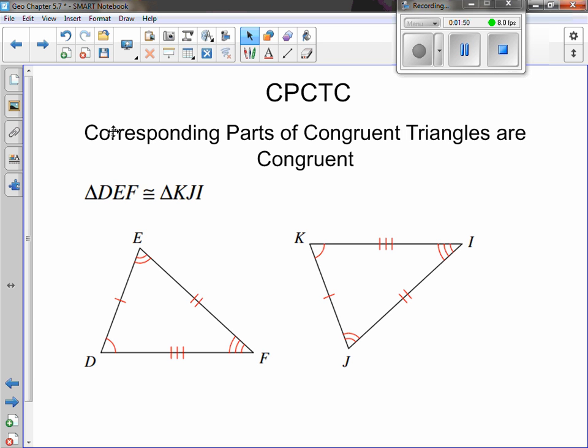Or we just denote it as CPCTC. So once we're able to say that the 2 triangles are congruent, then we can say all of their corresponding parts are congruent as well, because the 2 triangles are congruent.